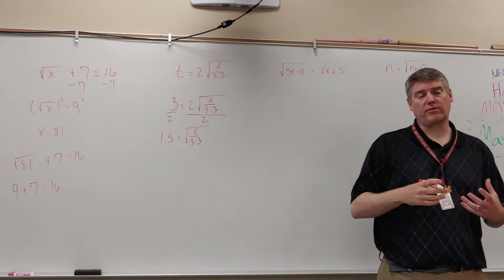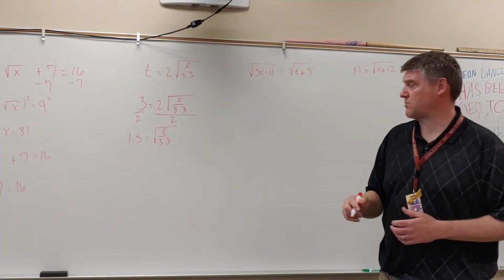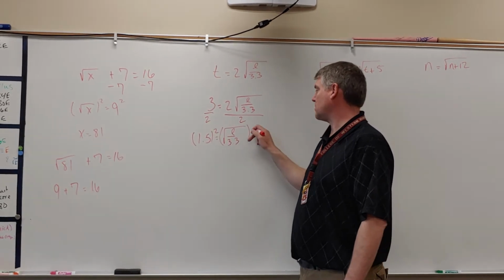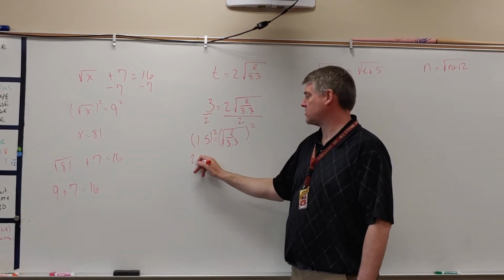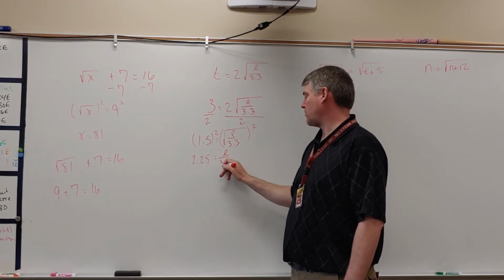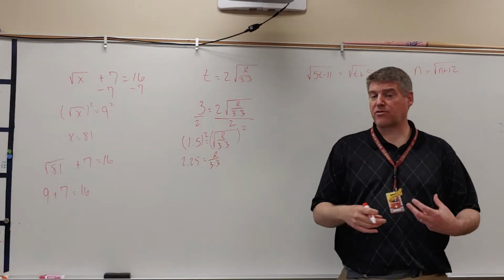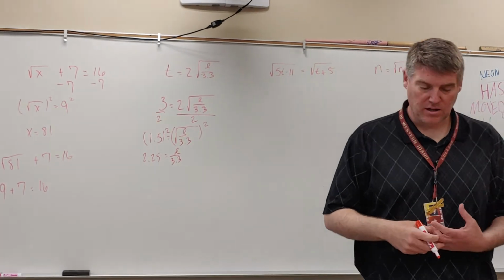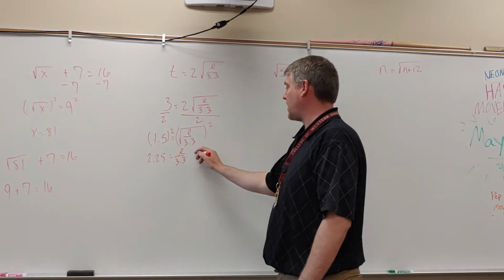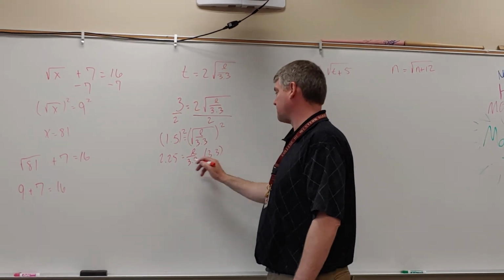Now I have the square root isolated. So I'm going to square both sides. This gives me 2.25 equals L over 3.3. Now the 3.3 is dividing L, so I want to make sure that I multiply both sides by 3.3.